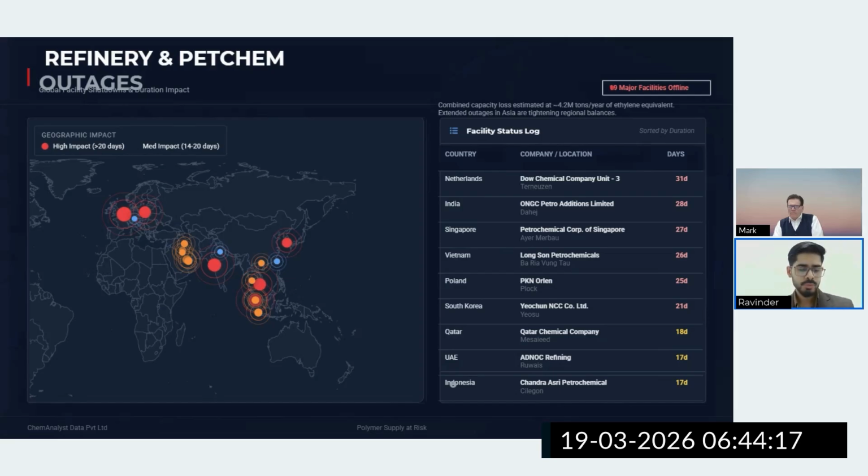Okay. So now the question comes, why is this happening? We can see here in this slide, as per the CAMANALYST database, we have identified more than 30 force majeure, 32 to be precise, force majeure and partial production cuts at different refineries across the global market.